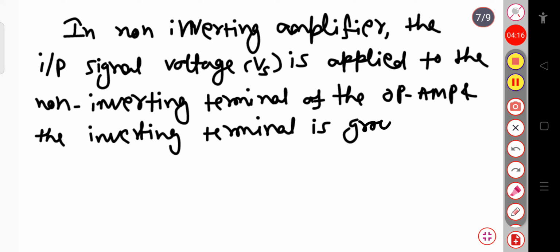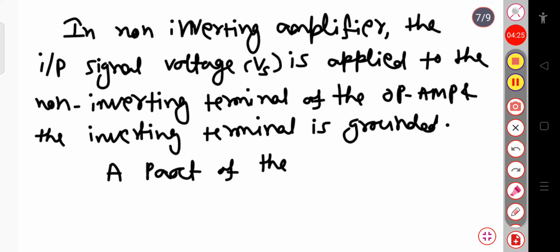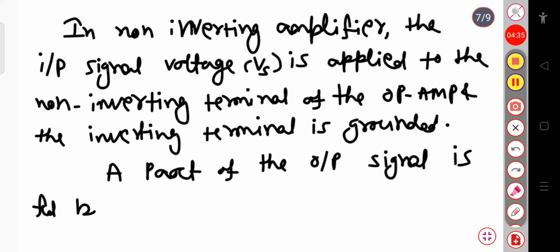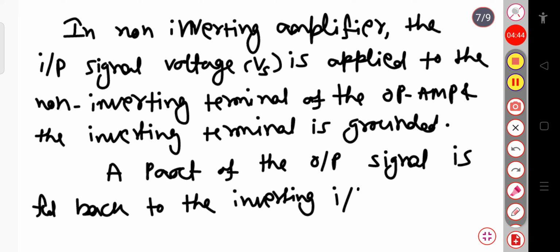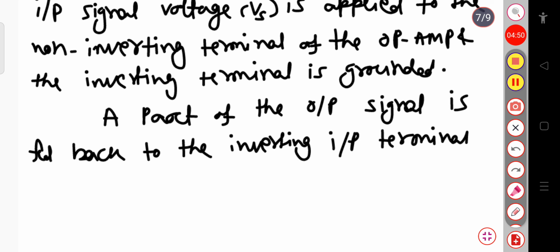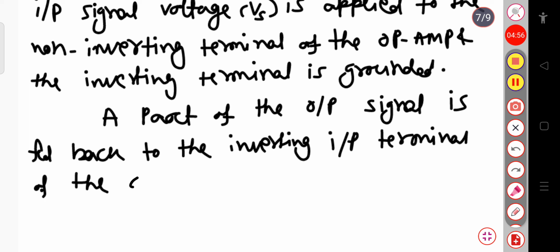So it means that a part of the output signal is fed back to the inverting input terminal of the op-amp through the feedback resistance RF.